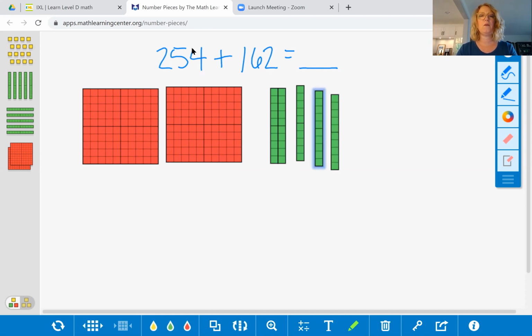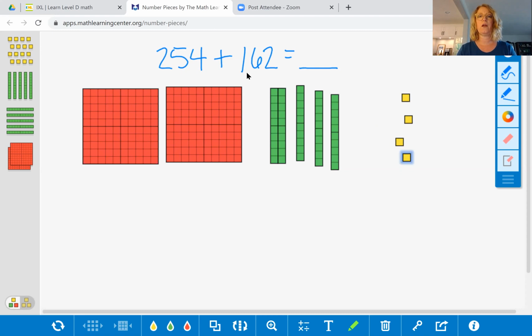And then how many ones do we need? 4 ones. 1, 2, 3, 4. Okay, I just built the first number, 254. And we're adding them together. That means we're going to put them together and see how much it is all together.